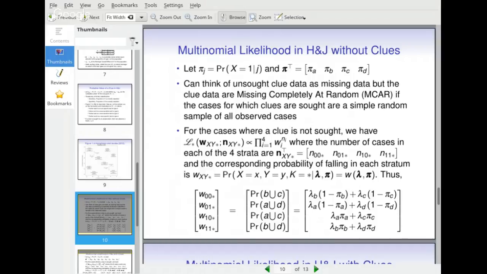But just imagine you say, okay, I have 40 countries that I have X and Y on. I want to select 20 where I'm going to go look for the clue. I'm just going to take a simple random sample of 20 out of my 40 and do that. So first we're going to talk about the observations or the cases where the clue is not sought.